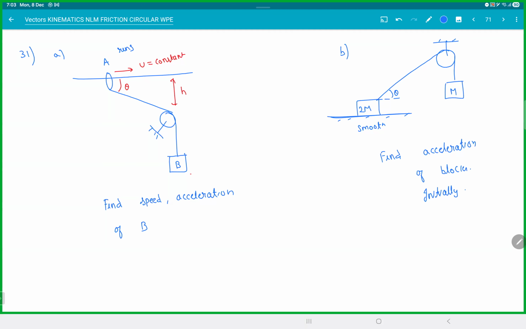Just find cos theta by h. Yeah, speed is easy. Try a minute more. Get the second one in case you're done with the first one. So once you start solving, you can keep solving. You need not listen to me. You can keep doing it.